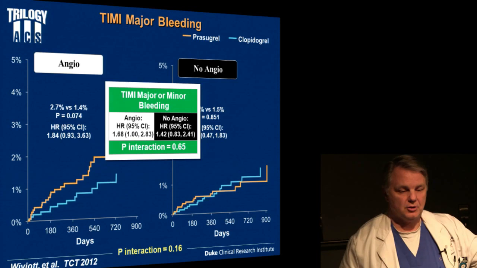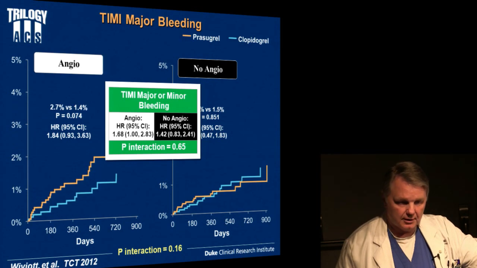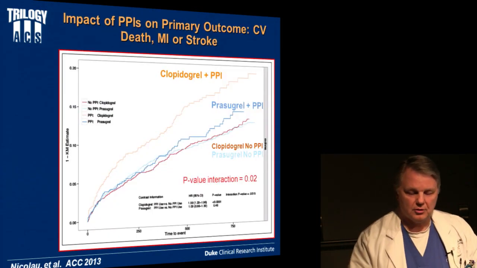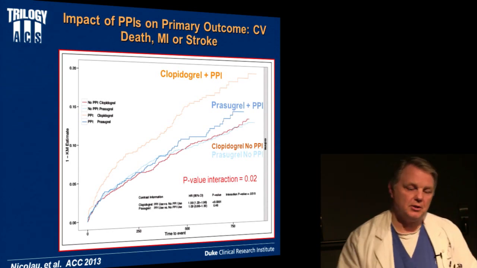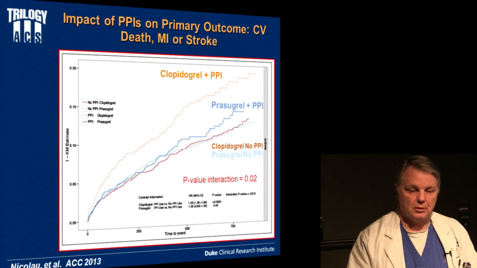And if you look at major and minor bleeding, you can see that it's the same story, namely slightly higher in the angio cohort. Now, what about the PPI? Chris alluded to this, that clopidogrel has been shown to have an interaction with omeprazole and some of the other PPIs.